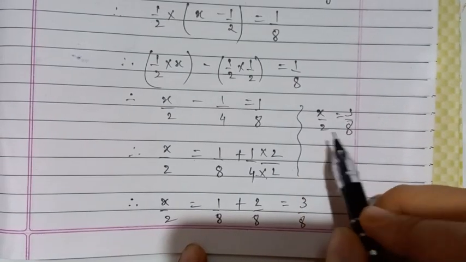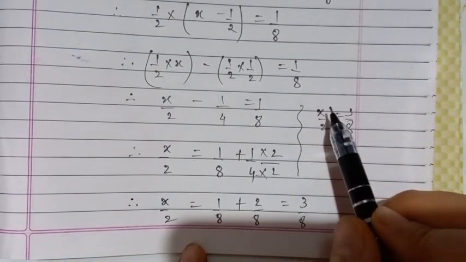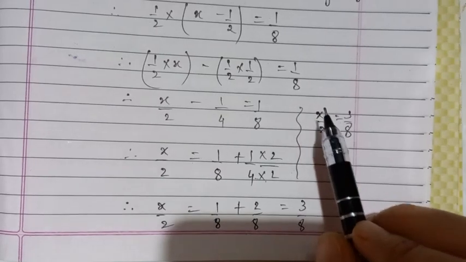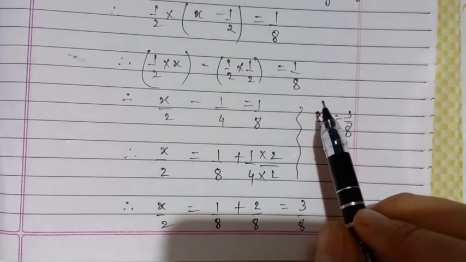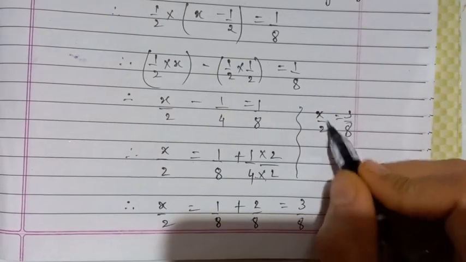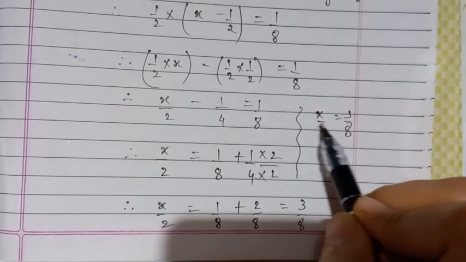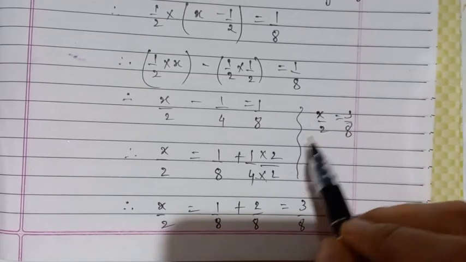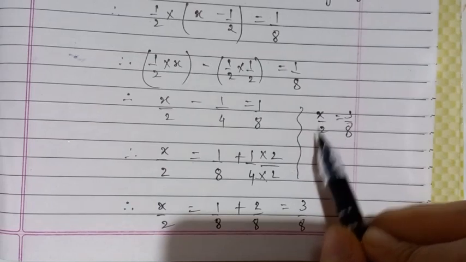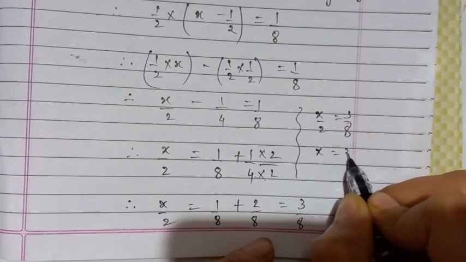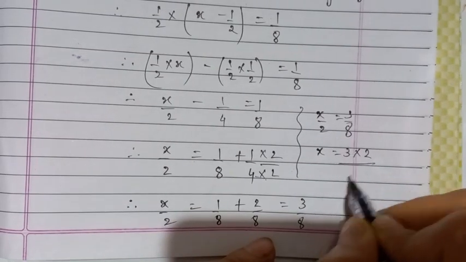We want the coefficient of x to be 1 because we want to get the value of x. So transpose this 2. Here 2 is at the denominator, so after transposing, this 2 will come at the numerator. So x is equal to 3 into 2 by 8.